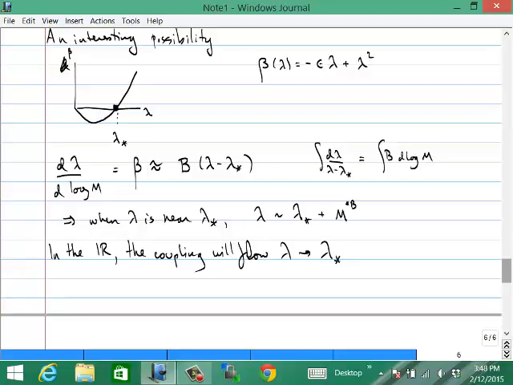And you can see that for certain classes of theories, such as lambda phi to the 4 theory, if you have a term like that in your beta function, what will happen is you'll approach some theory in the infrared, which is not a free quantum field theory because the coupling is non-zero, but rather it's some non-trivial interacting quantum field theory.